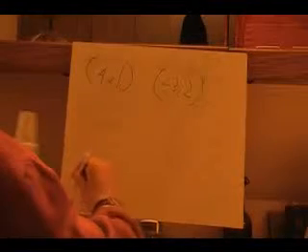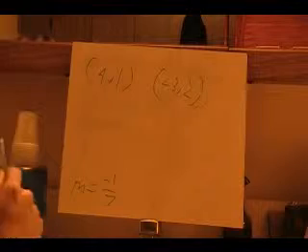So we said earlier that m, which is the slope, equals negative 1 over 7. This time we should get the same answer, but we're going to go from left to right. Remember, the y's are on top and the x's are on bottom.